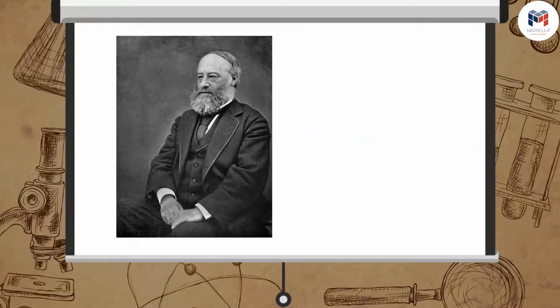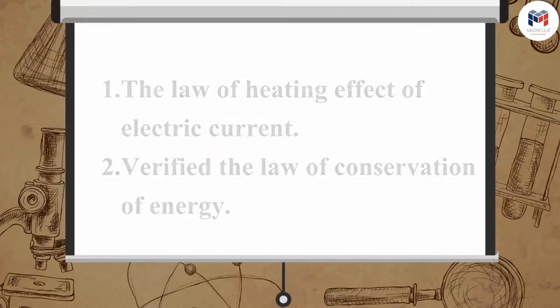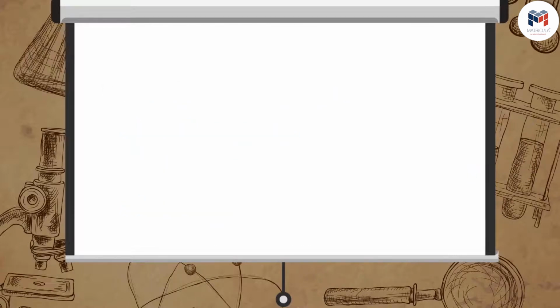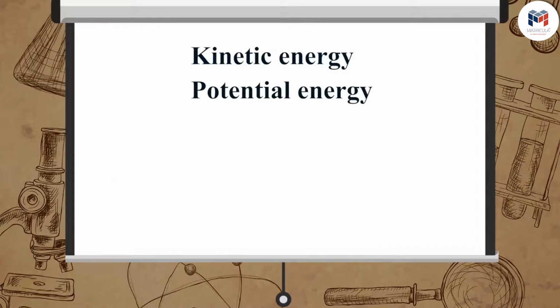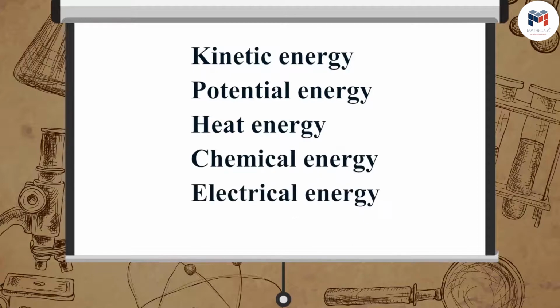The unit of work and energy is named after a British physicist, James Prescott Joule. He formulated the law of heating effect of electric current and verified the law of conservation of energy. Energy has various forms like kinetic energy, potential energy, heat energy, chemical energy, electrical energy, and light energy.